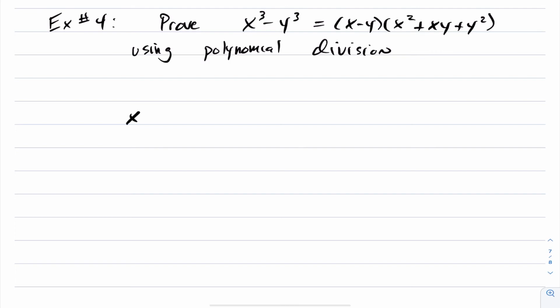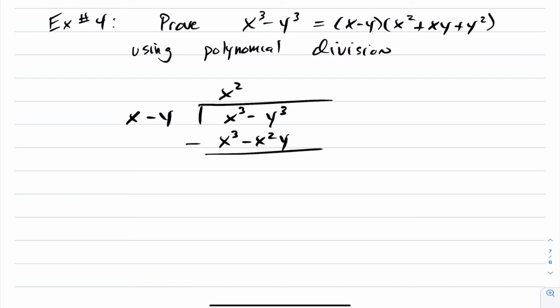Well, let's see what happens if I take x minus y and divide that into x cubed minus y cubed. Going through the same process here, I'm going to put an x squared here so that I can get an x cubed in this location. Distributing, we get x cubed minus x squared y. Subtracting here, the x cubes will cancel, and we'll be left with x squared y minus y cubed.